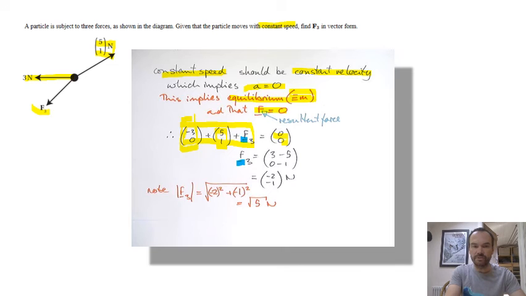Because we know everything adds up to 0, if I move -3 to the other side, -3 becomes +3, 5 becomes -5. Do the same with the j components, the y components, the vertical component, the up component, and you get this. That's the answer to this question, because they wanted the force in vector form. If the question had asked for the magnitude of the force, that would have been the answer.